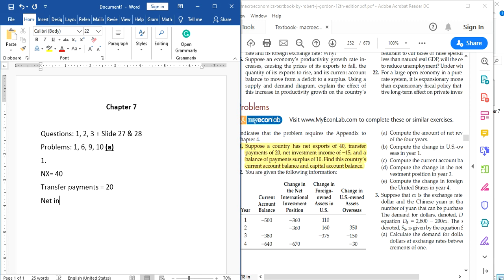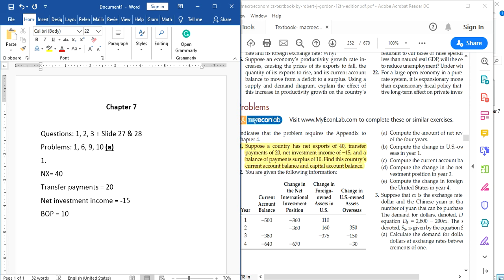Net investment income equals minus 15. The balance of payment equals 10.